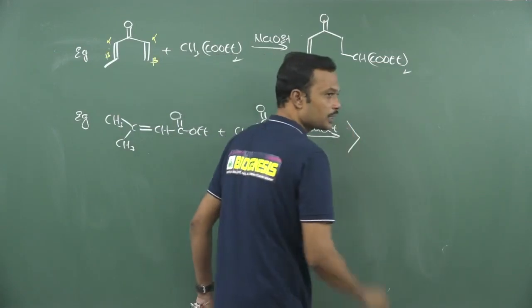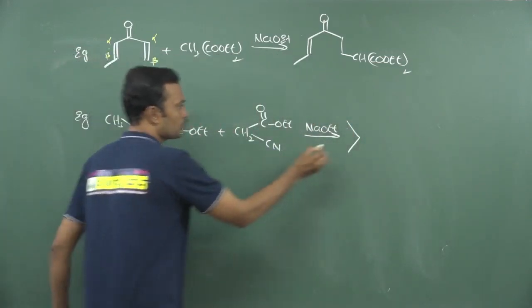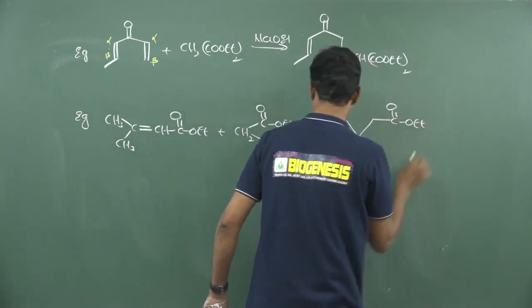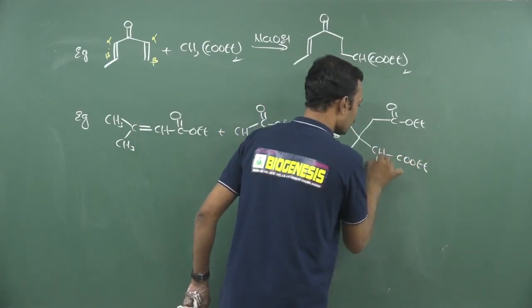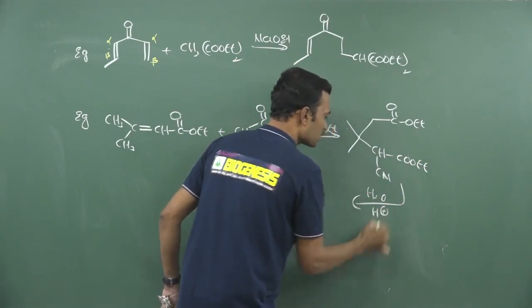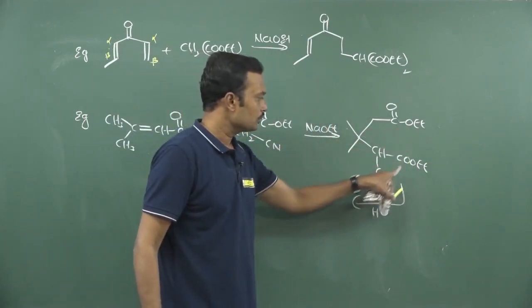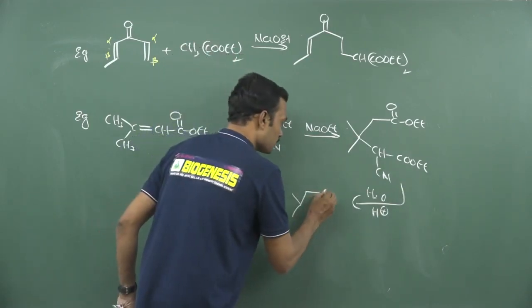So you can write a skeleton representation. So this carbon you can write like this. Now here this is C double bond OEt, and this carbon carries COOEt and one more is cyano. Can you guess what happens if I hydrolyze in acid medium? We know very well esters and cyanides on hydrolysis give carboxylic acid. So can I expect like this or not?